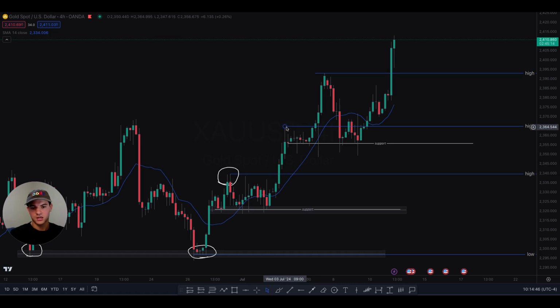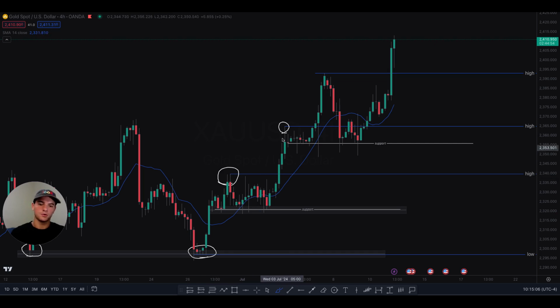But this was not the case. We just made a new high over here. All right, so reading the market from left to right, we have a level of support with a low, and then we made a high, a level of support again, right? Right over here, and then we broke this high.